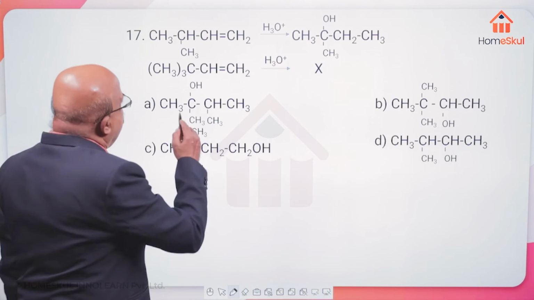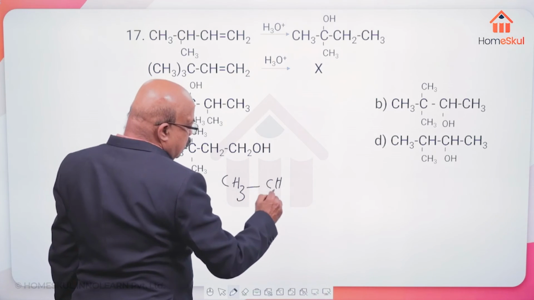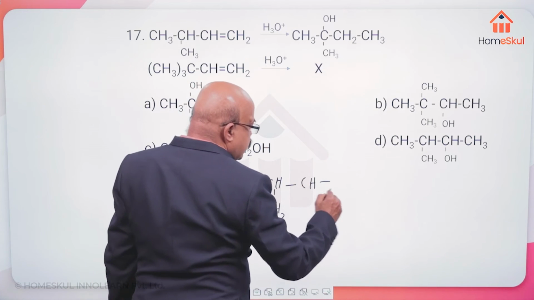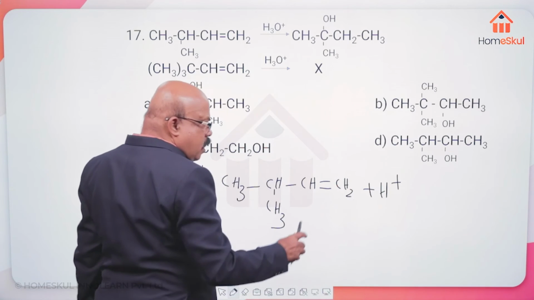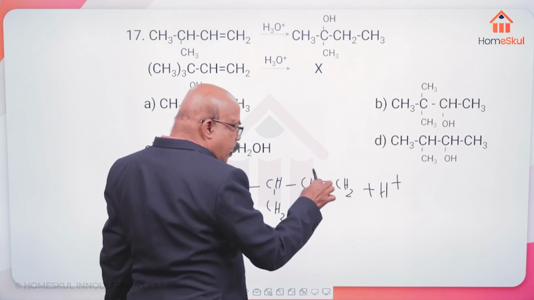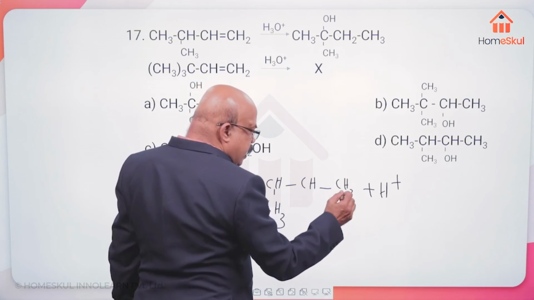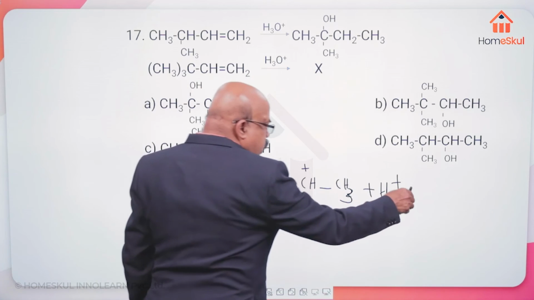Here, first step: CH3, CH double bond CH2. This on protonation, electrophilic attack, H plus is coming here, you will get a carbocation. This carbocation is secondary in nature.